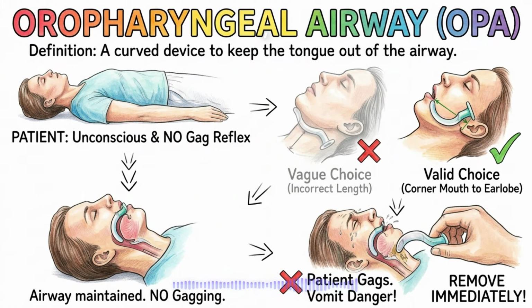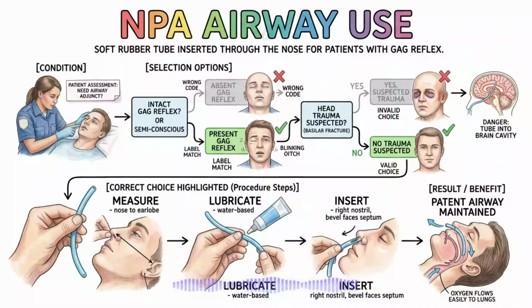To measure it correctly, you place it against the patient's cheek, measuring from the corner of the mouth to the earlobe. If you insert an OPA and the patient gags, you must remove it immediately, as it can cause them to vomit and choke.